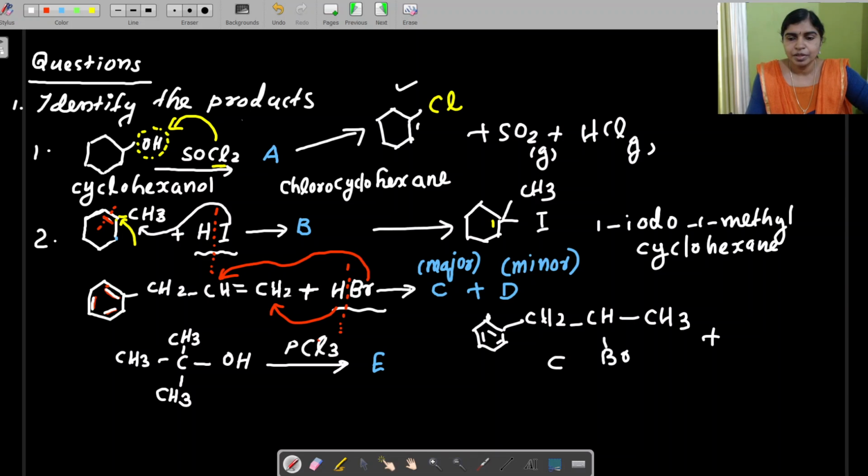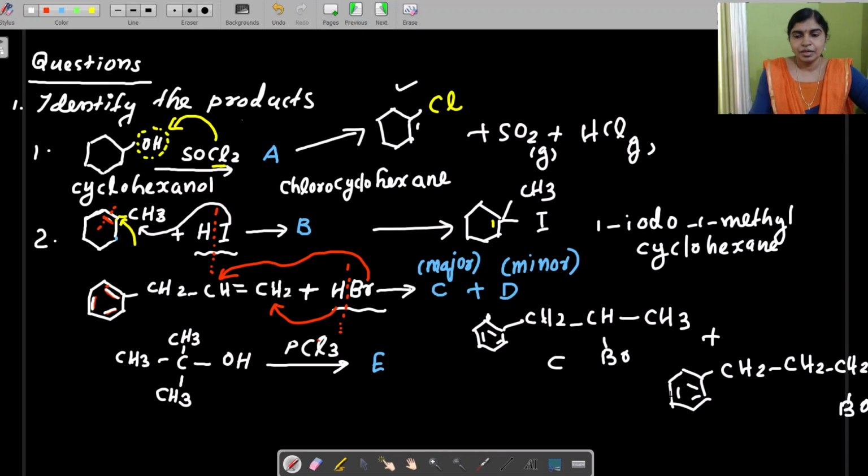The minor product is the benzene here, and here CH2, here CH plus H, then becomes CH2, then CH2, and here the bromine. Okay, so that is D. So this is C and this is D.